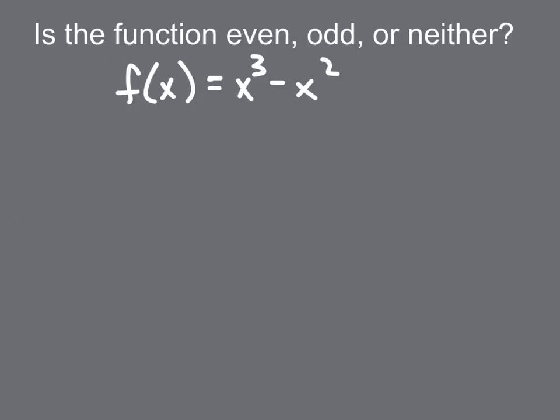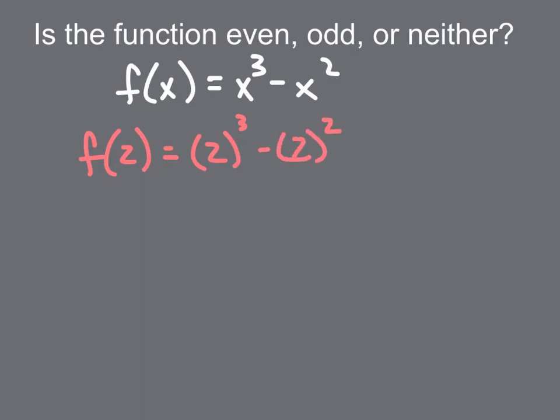All right, so on our last example, what we have to determine is: is our function even, is it odd, or is it neither? So it's got to be one of the three. What I want to do is plug in f of 2. So when I plug that number into our function, that's going to give us 2 cubed minus 2 squared.